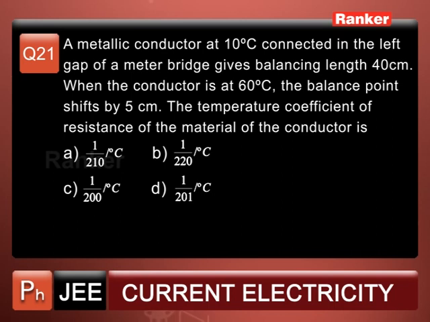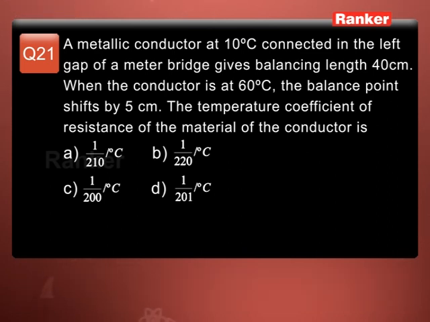He gave 4 options. The very first option is 1 by 210 per degree centigrade. Option 2 is 1 by 220 per degree centigrade. Option 3 is 1 by 200 per degree centigrade.